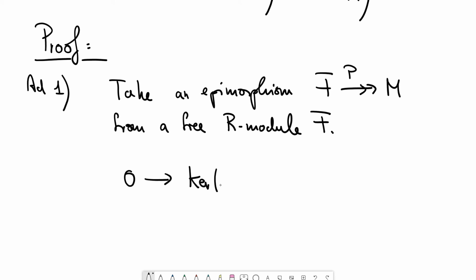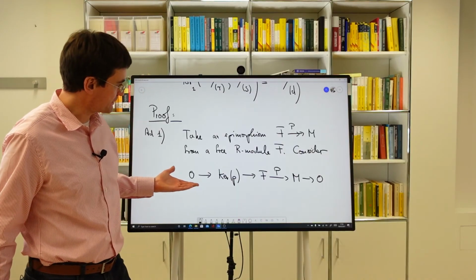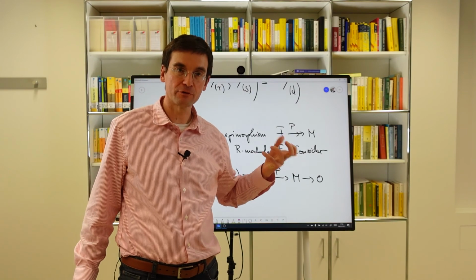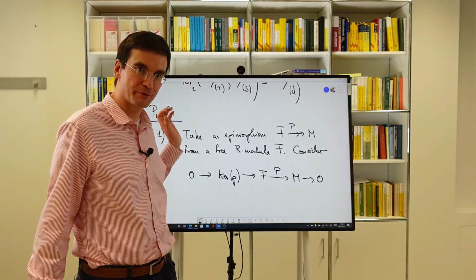I want to consider this kernel. So this is obviously, by definition, a short exact sequence. If that kernel would be automatically projective or even free, then we don't have to choose anything to project onto it.